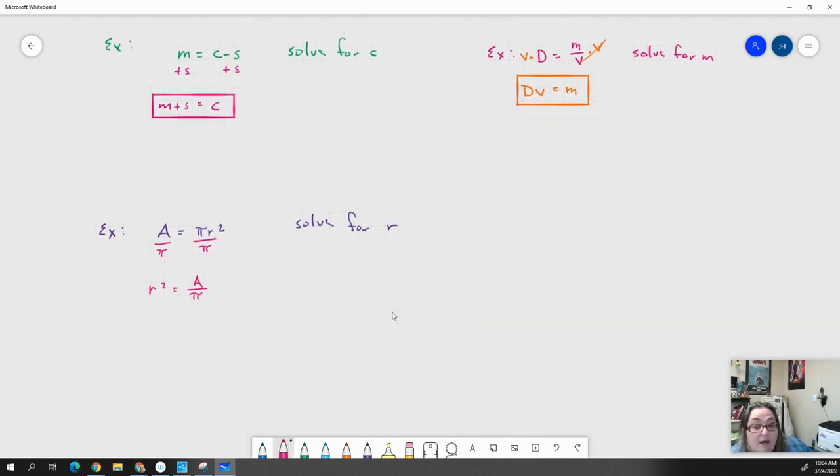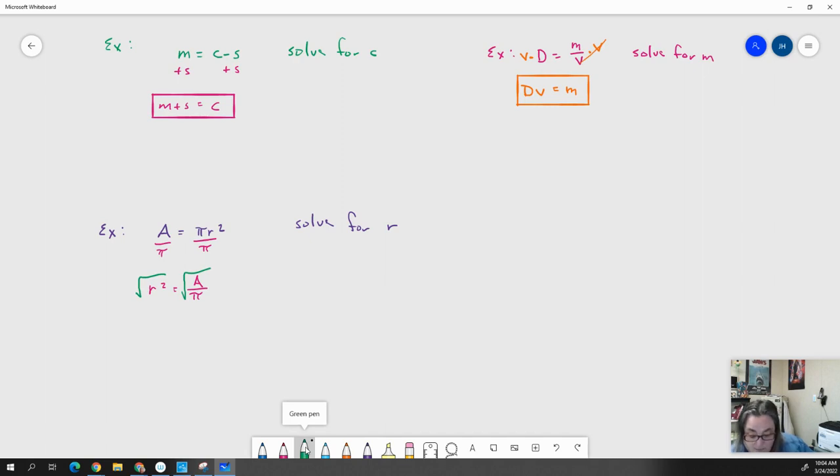Now, that would be well and good. We've got that r all by itself, but it is squared, and we don't care what r times r equals. We want to know what r is equal to. And so to solve this, we're going to have to take the square root of both sides.